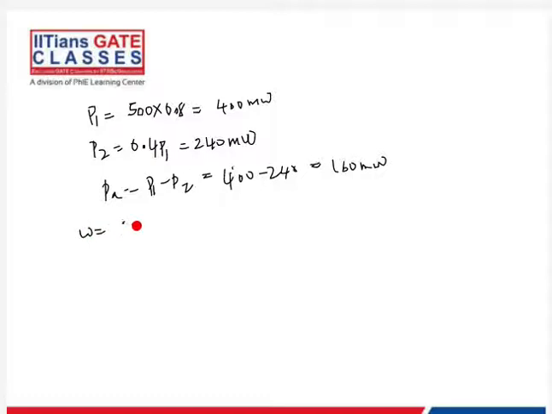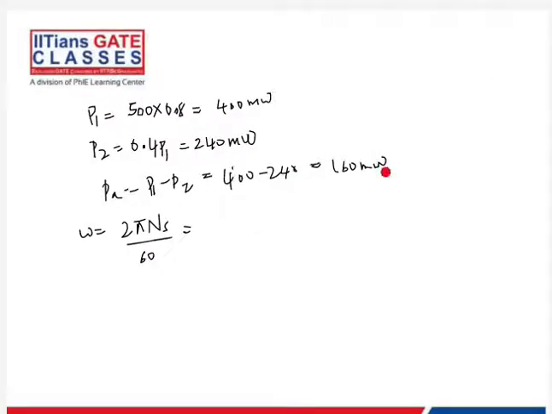What is omega? We're talking about mechanical rotation. It is 2 pi NS divided by 60, where NS is in RPM, and we are talking about mechanical omega, right? This is 400. That is where the mistake is.